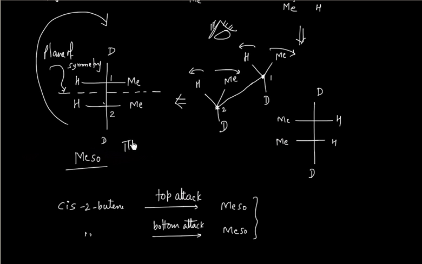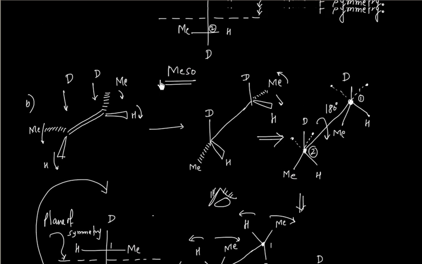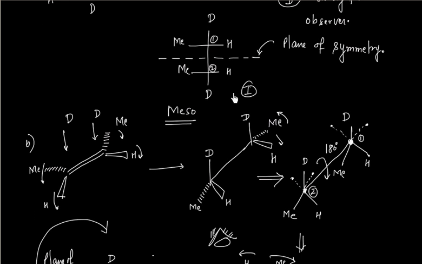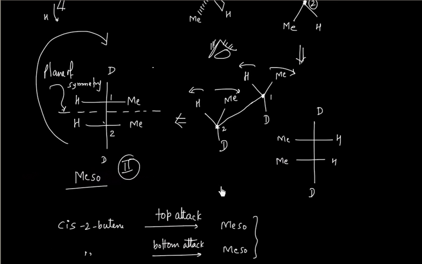So let us call this compound 2 and this compound 1. Now if you see 1 and this rotated 2, so this is 2 after 180 degree rotation.